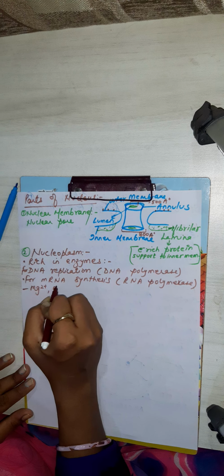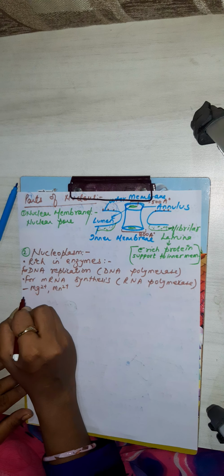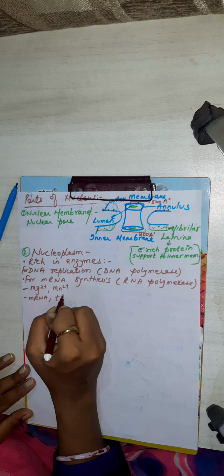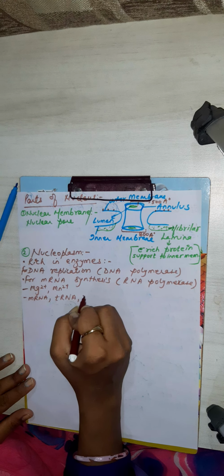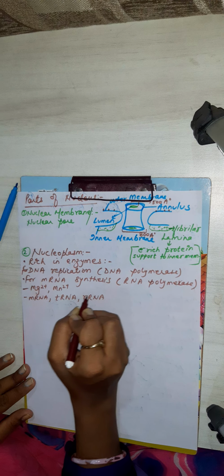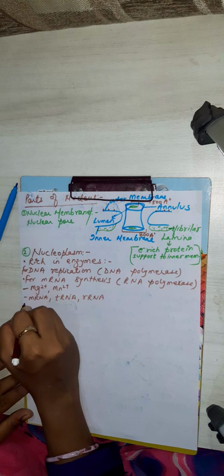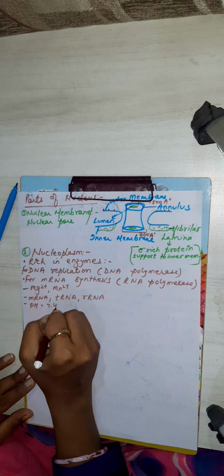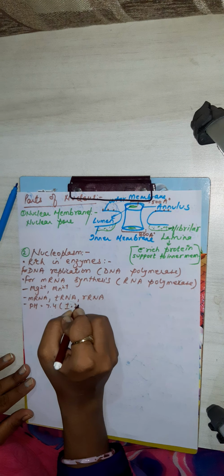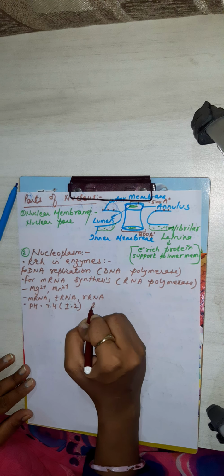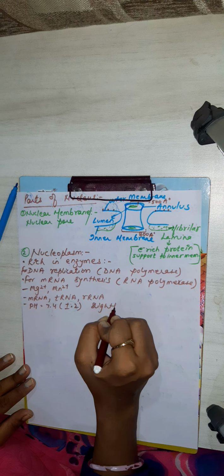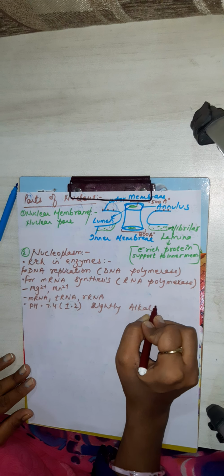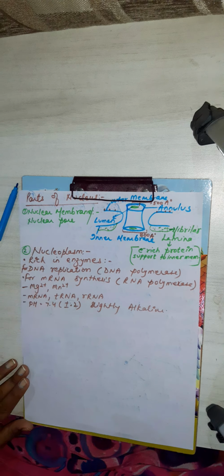Divalent ions, magnesium, manganese, mRNA, tRNA, rRNA. tRNA structure you will also study. And the pH is 7.4, you can say slightly alkaline, above 7 point something.